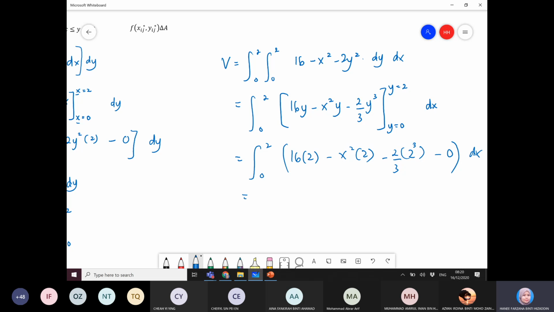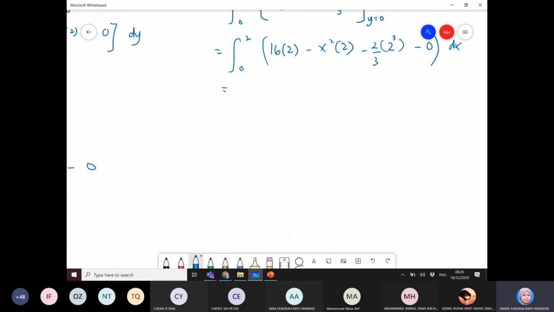When you evaluate and simplify the numbers, you get this. Now you are just integrating this function with respect to x. 80 over 3x minus 2x cubed over 3.